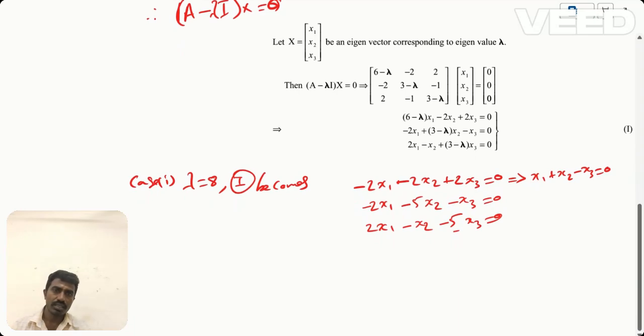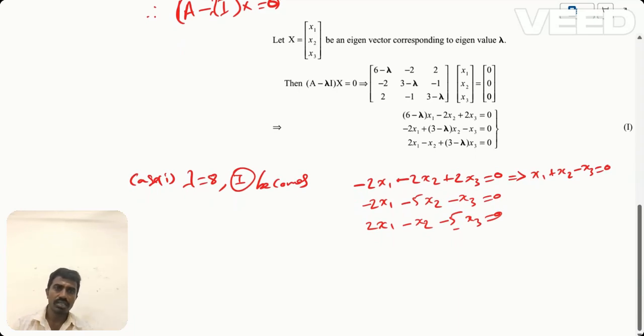Now we have three different equations. You consider any two equations, then find the values of x1, x2, x3. That should be a non-zero vector. The eigenvalue is 8. Now we have to find the corresponding eigenvector. That vector should be a non-zero vector.